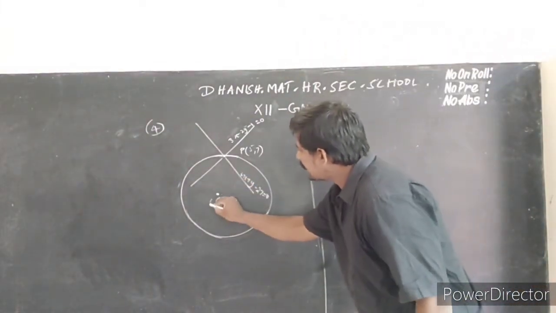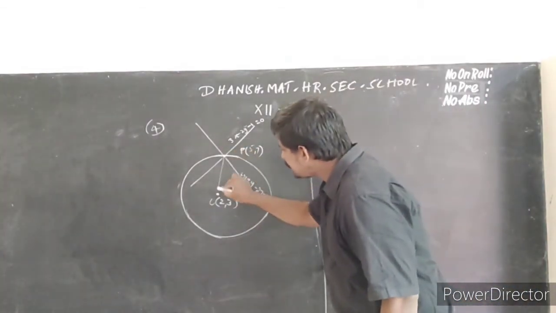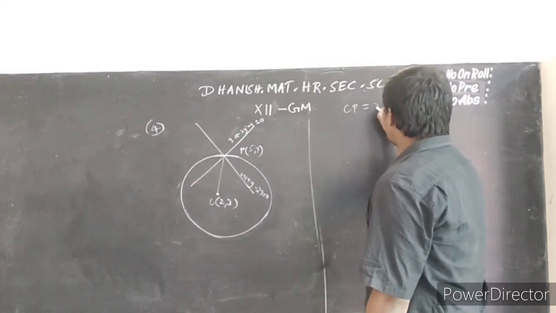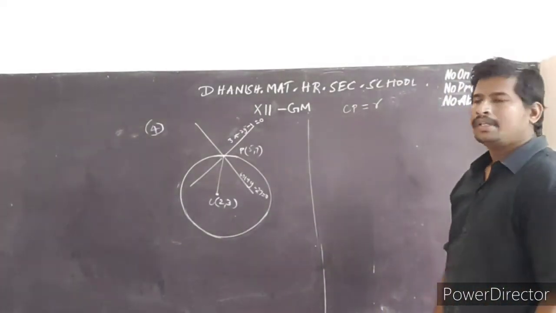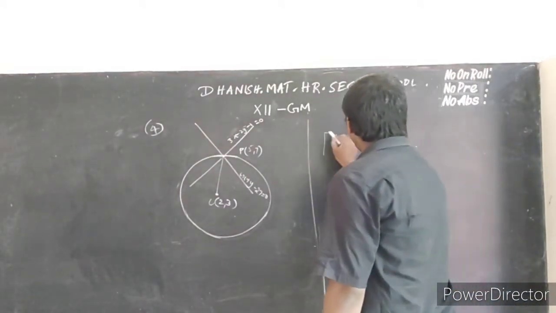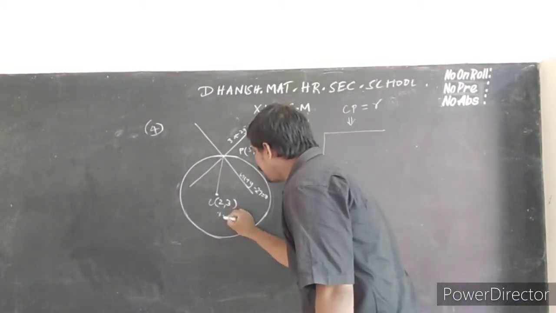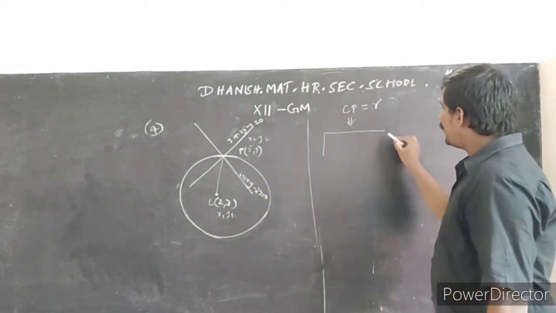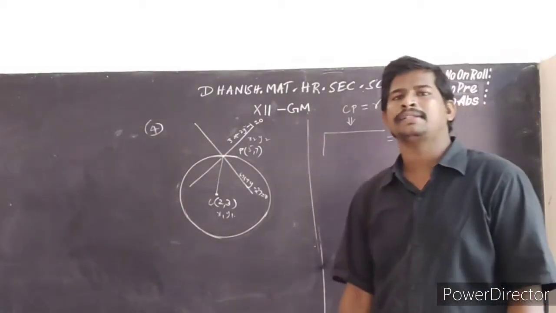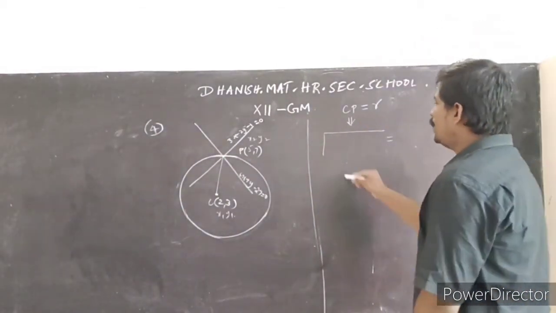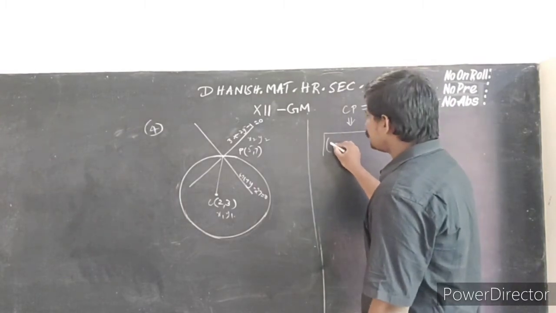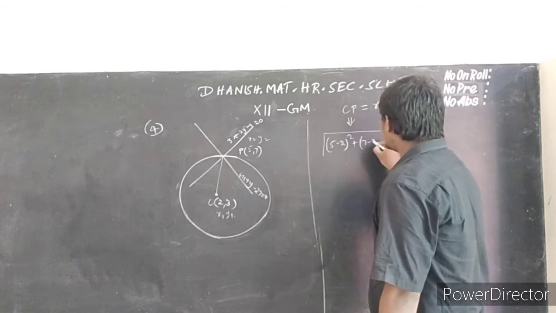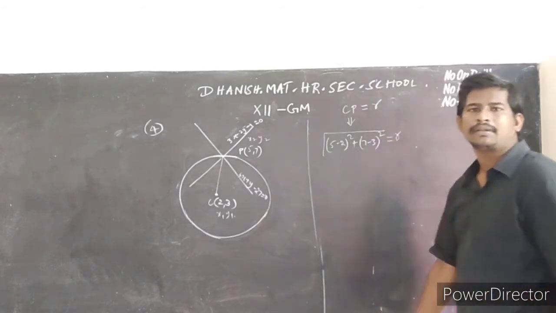Now we can find the radius as we did in the previous sum. Here the center can be taken as C, and the distance between C and P is the radius r, so CP equal to r. Taking the center as (x1, y1) and P as (x2, y2), the distance formula is root of (x2 minus x1) whole square plus (y2 minus y1) whole square. So root of (5 minus 2) whole square plus (7 minus 3) whole square equal to r.